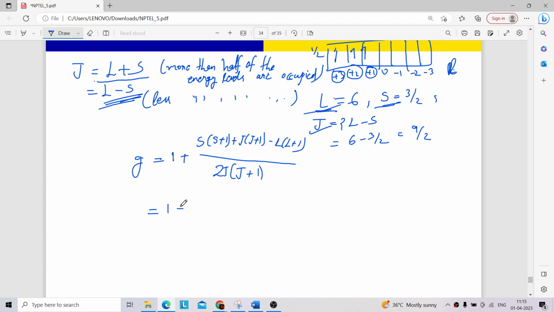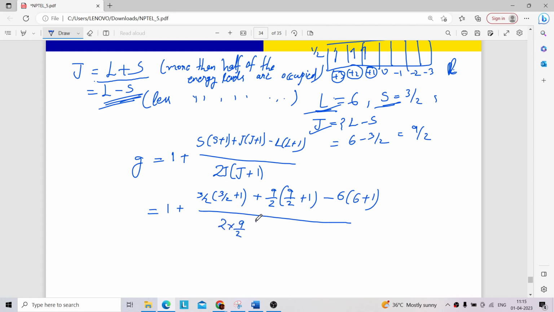So this is 1 plus S is 3 by 2, into 3 by 2 plus 1, plus J is 9 over 2, into 9 over 2 plus 1, minus 6 into 6 plus 1, divided by 2 into 9 over 2, into 9 by 2 plus 1.